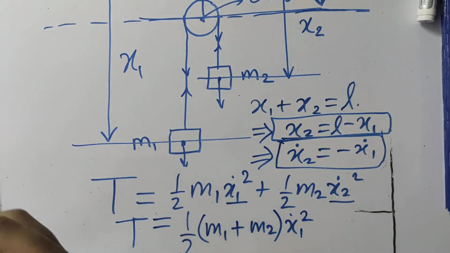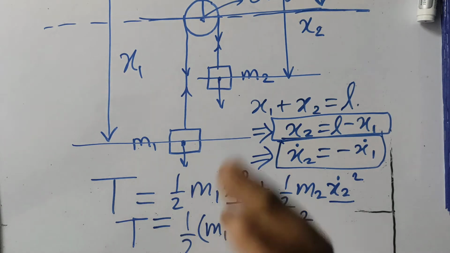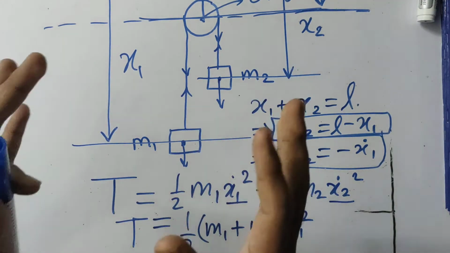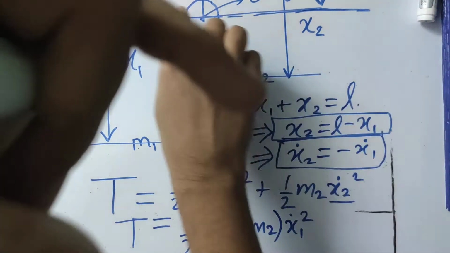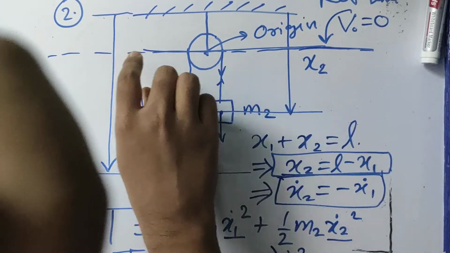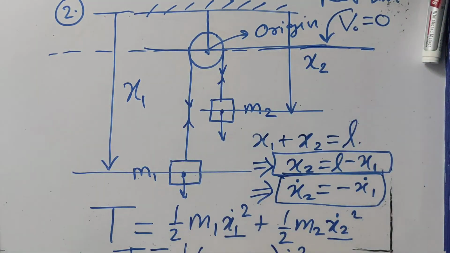Yeah, so now I will rub it off and write the expression for potential energy. Give it a think, what can be the potential energy of our system with this one as our reference level. This is our reference level. Give it a think while I'm rubbing it off.